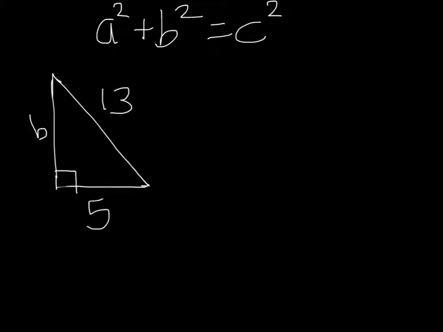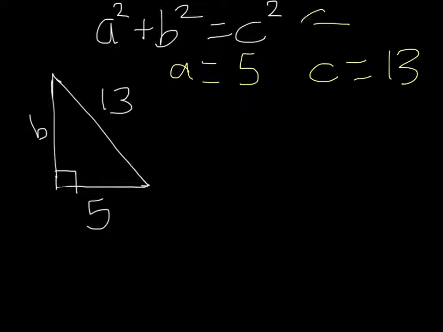In the previous example, we were able to solve for C because we knew the lengths of A and B. In this example, we know the longest side, which is C. It's labeled as 13. We also know the shortest side, A, is 5. Now, we want to find B. So I'll write down the information that I know, which is A equals 5 and C equals 13, and I will plug those variables into my equation that is up here.